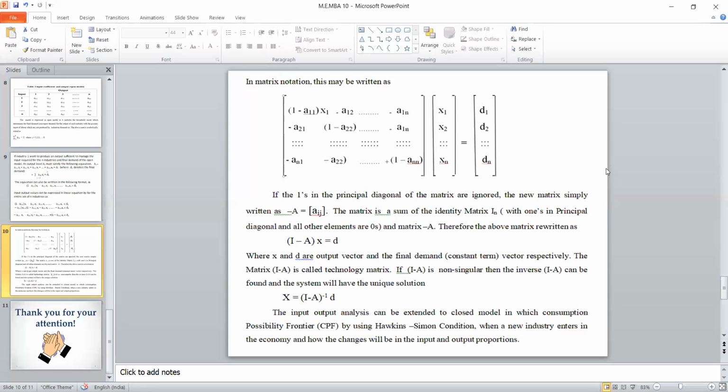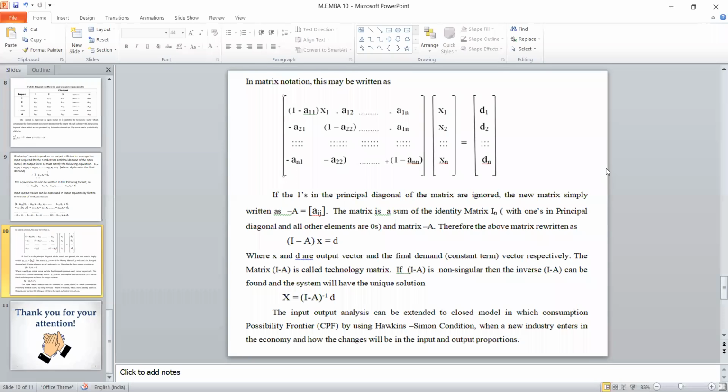So this link will give the input-output link, and it is easy for us to take a decision. This model was developed by Wassily Leontief, and it has been further developed by the Hawkins-Simon model. Using the Leontief input-output model, Hawkins-Simon constructed the consumption possibility frontier.